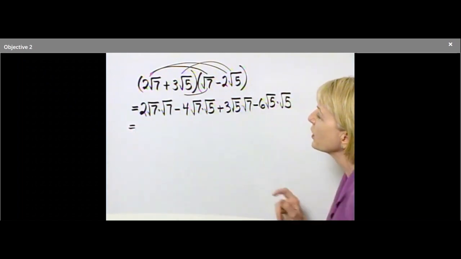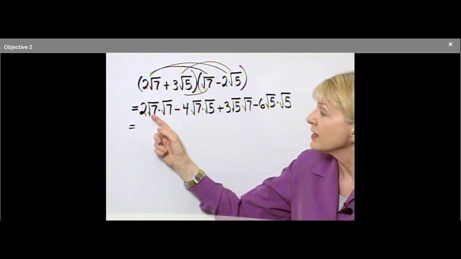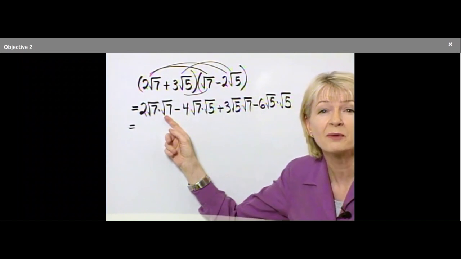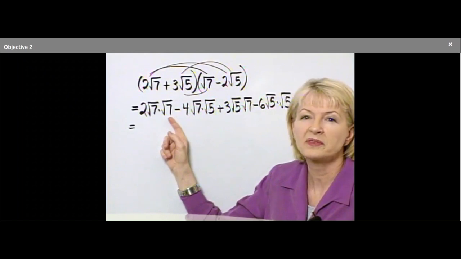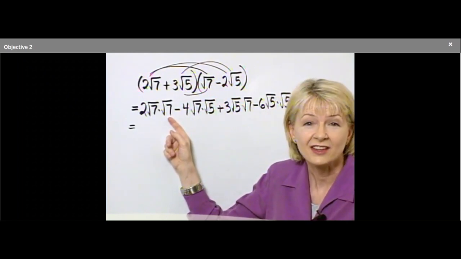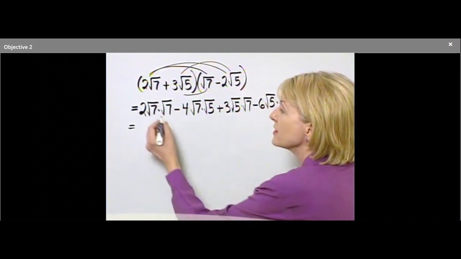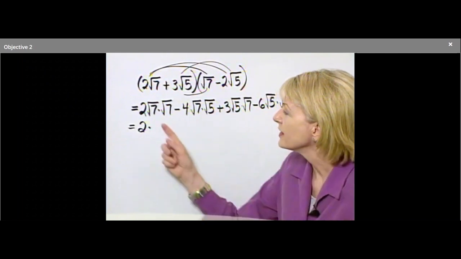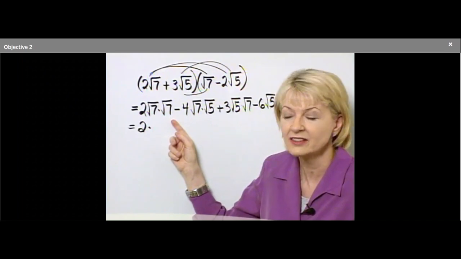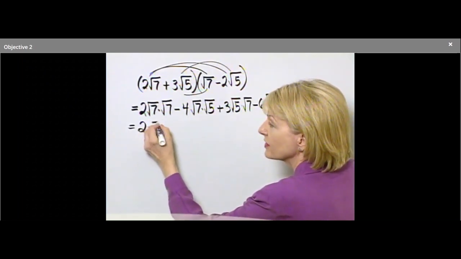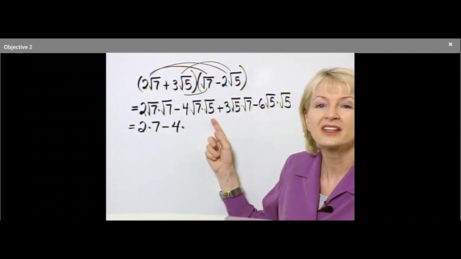Now, when dealing with square roots, there's one thing you should remember, and that is that the square root of a positive number times the square root of the same positive number is that positive number. In other words, the square root of 7 times the square root of 7 is 7, and that is true for square roots when the radicand is a positive number. So here I have 2 times, if you want, you can write it as the square root of 49, and the square root of 49 is 7, but this is 7 minus 4 times, here I have square root of 7 times square root of 5.